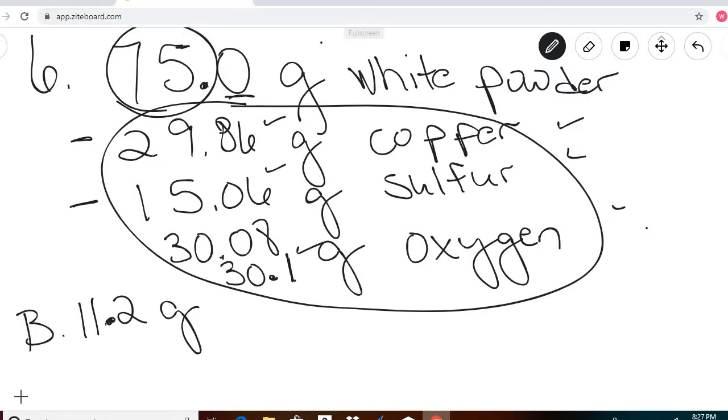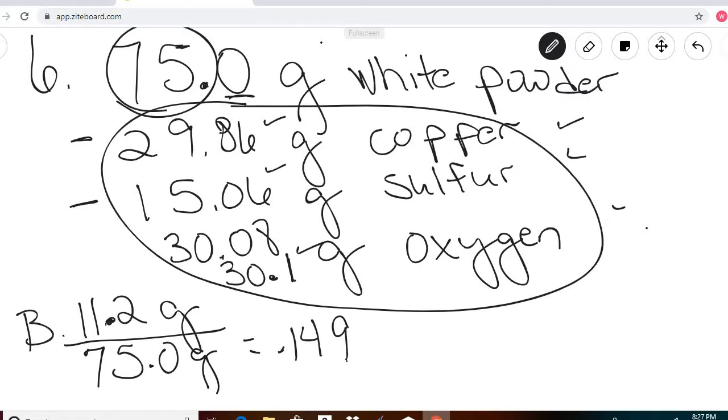This up here that we've done is like our recipe to make 75 grams, but we only want to make 11.2 grams. So we're going to take 11.2, the amount that we want to make, and divide it by 75.0 grams. With 3 significant figures, we get 0.149. So 75 times 0.149 will give us 11.2.